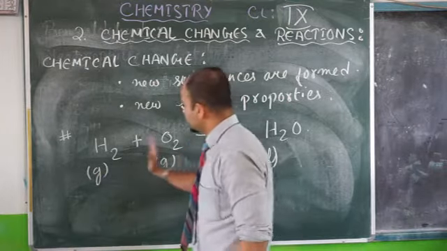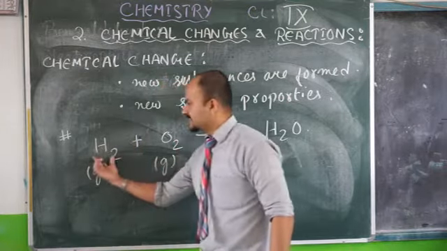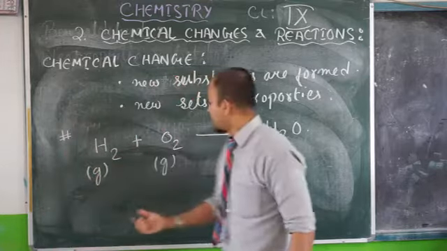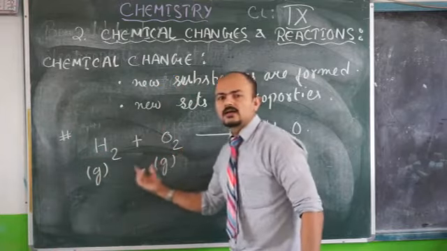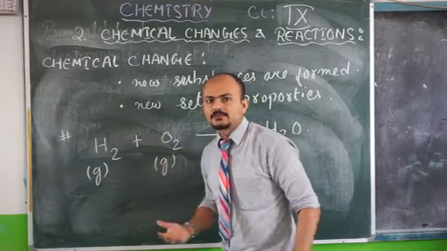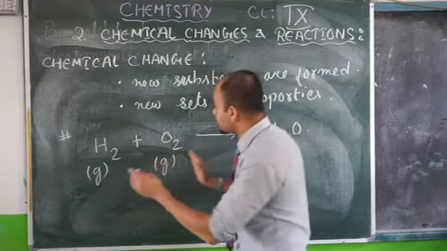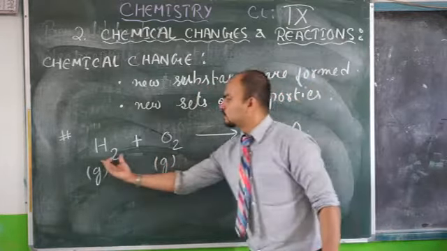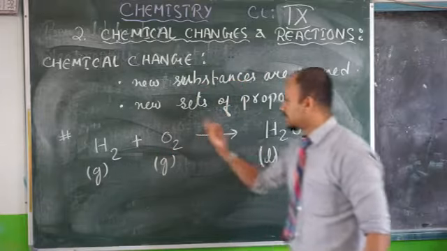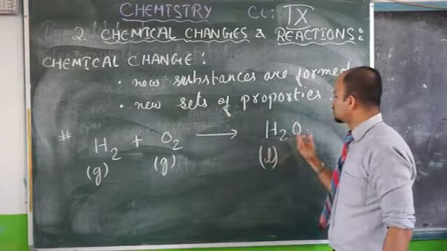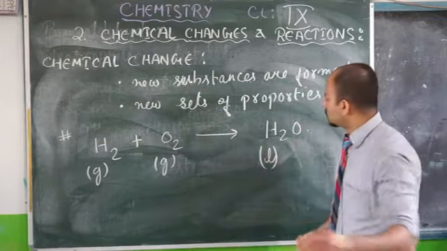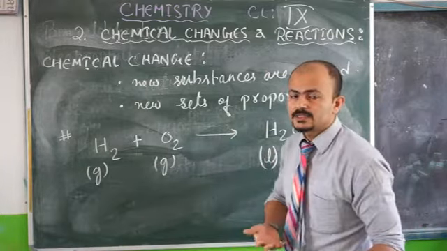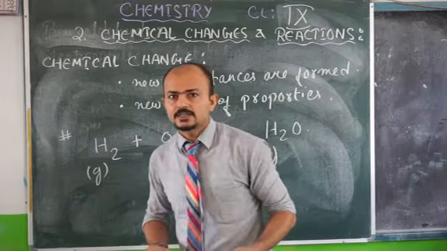So before the reaction, hydrogen has its own set of properties, and oxygen has its own set of properties. Now after the reaction, these two have combined together to form water molecule. And water is in liquid state, which means a new property has been generated.